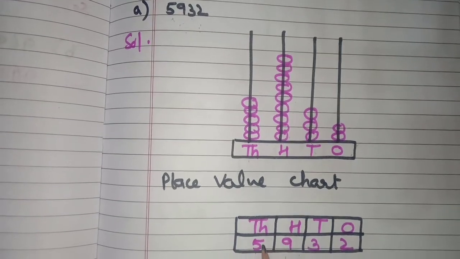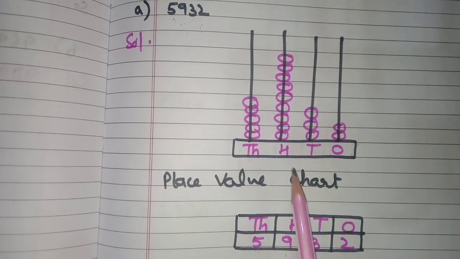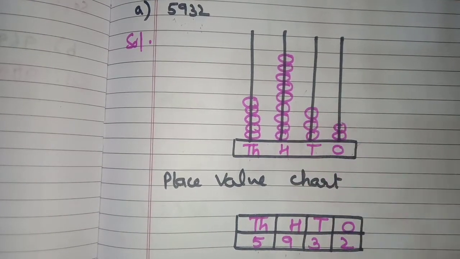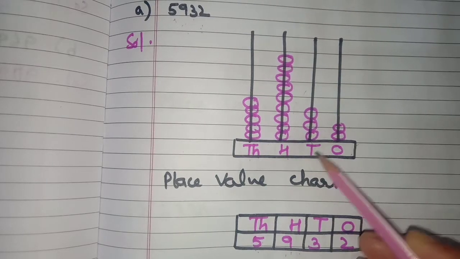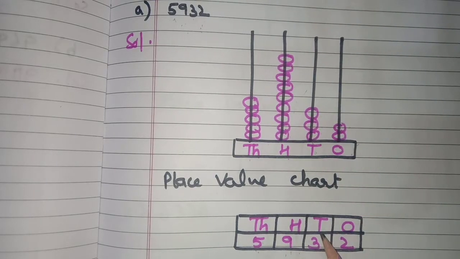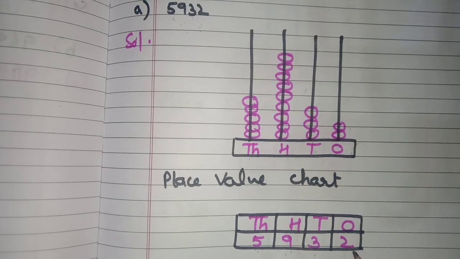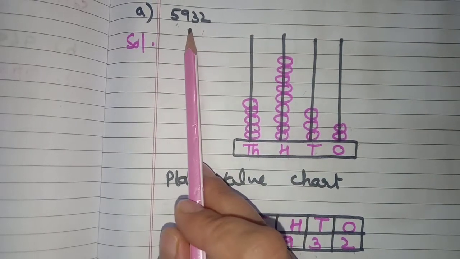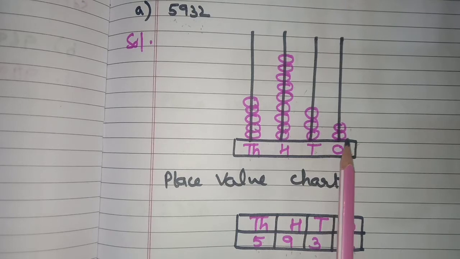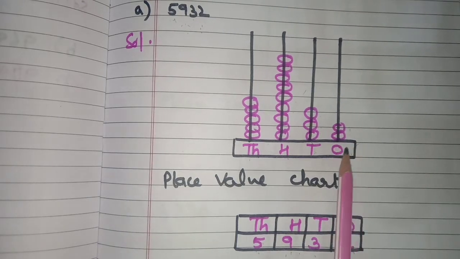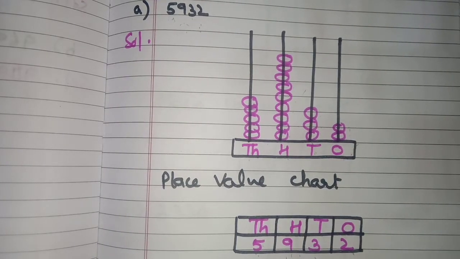So here at thousands place we will write 5. Then at hundreds place we have 9 beads, so we will write 9. At tens place we have 3 beads, so we have to write 3. At ones place there are 2 beads, so we have to write 2. So this is how you can show the given number on the abacus, and then you can make a place value chart for it.